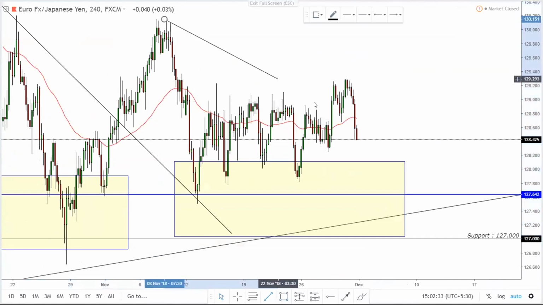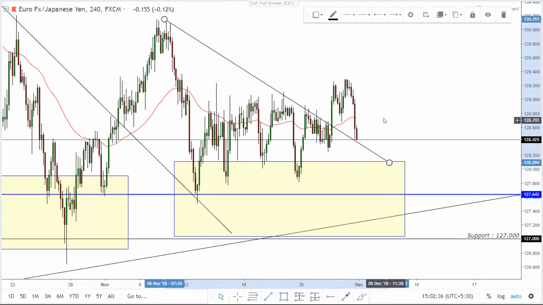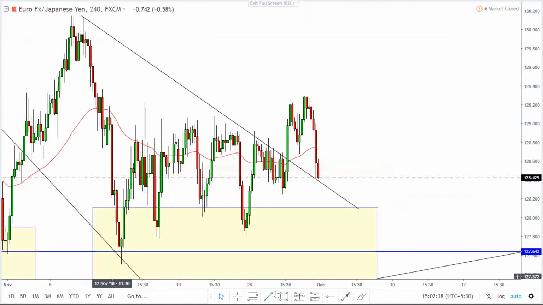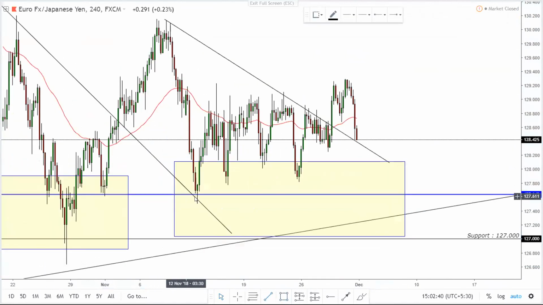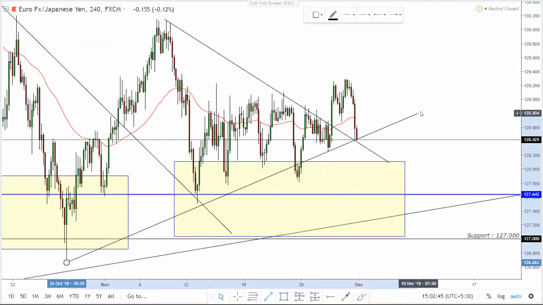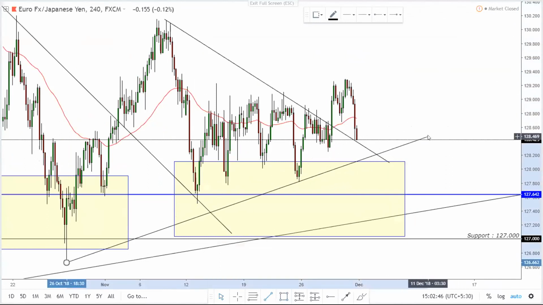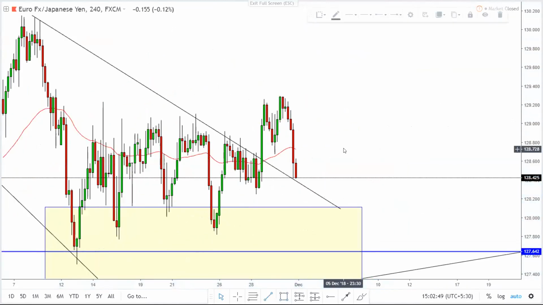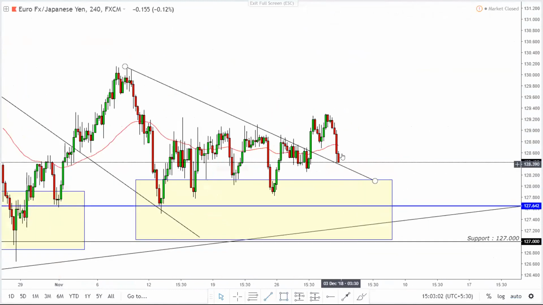On the 4 hour time frame, you can see this bearish trend line, and this is another one, bullish movement. We can clearly see that the price broke to the upside, and it could be a sign of a retest. And next week, we can see a bounce.